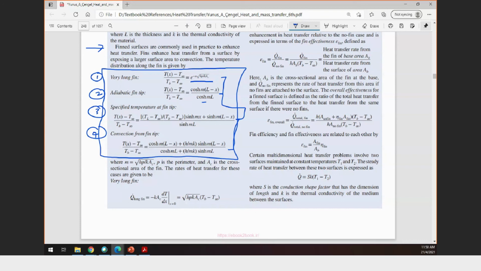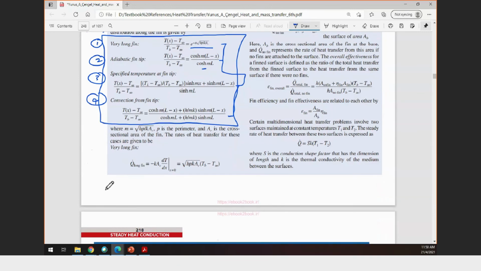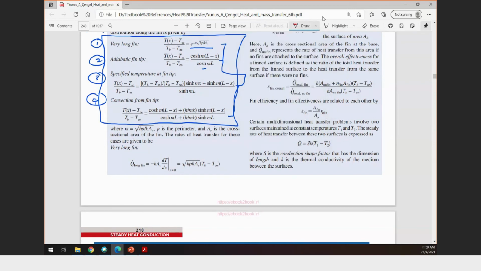This is T(x), the temperature distribution across the fin, and this is for the heat transfer, Q dot, the heat transfer rate.